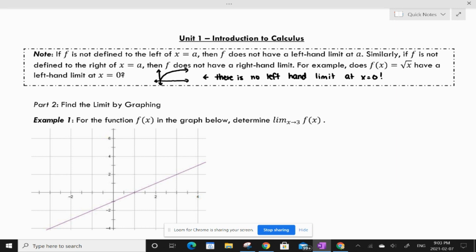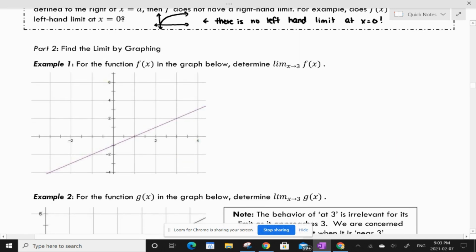So if I use a graph to help me figure out limits, in this example it says for the function f of x in the graph below, determine the limit as x approaches 3 for f of x. So I'm dealing with when x is approaching 3.